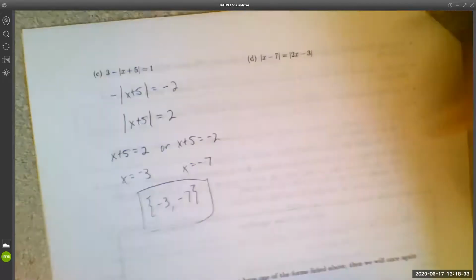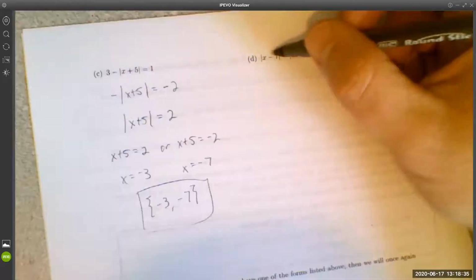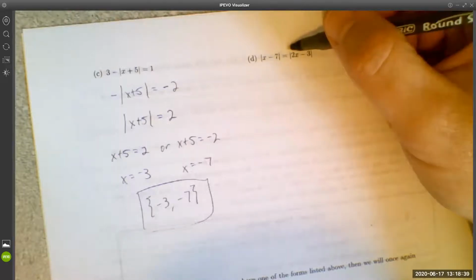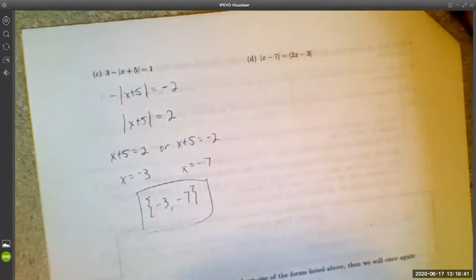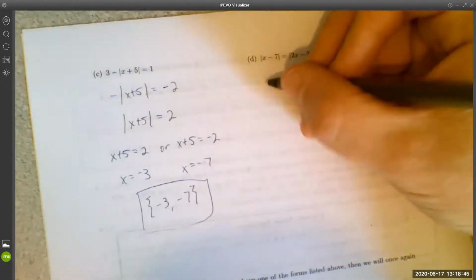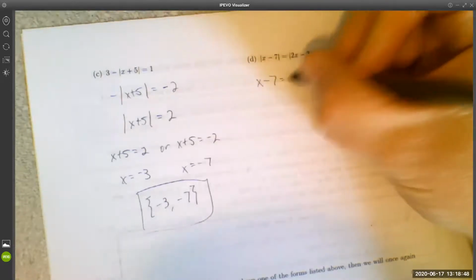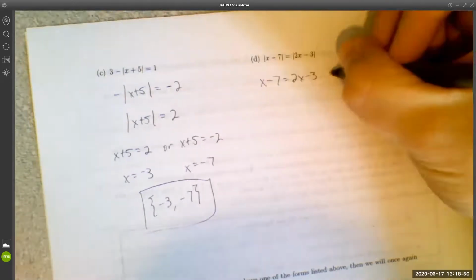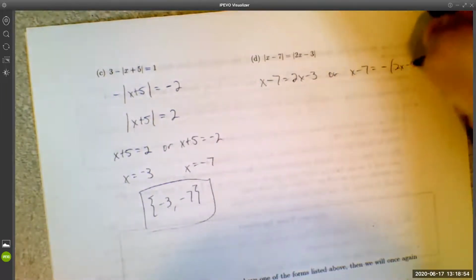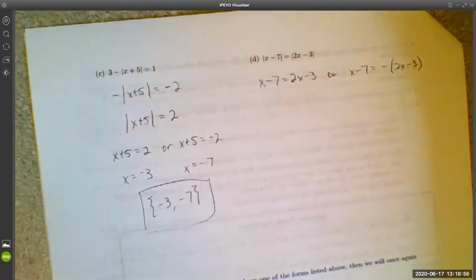One last example. This is a case where you have a couple of functions on the inside of the absolute values that are equal to each other. So this is like that case 3 example from the previous page, and we can say x minus 7 equals 2x minus 3, or x minus 7 equals negative 2x minus 3. You may be thinking, aren't there some other cases?